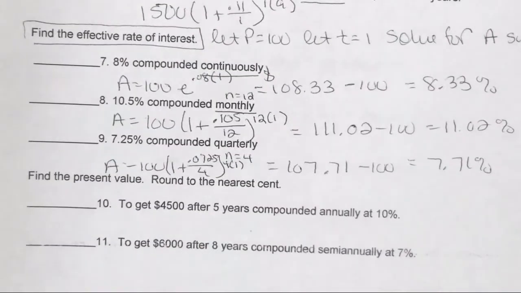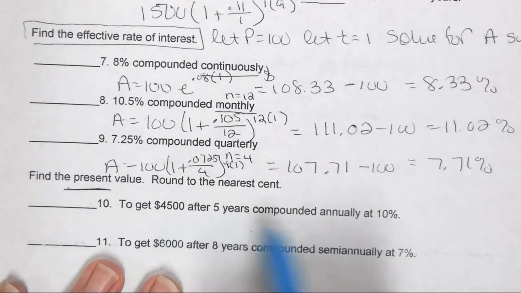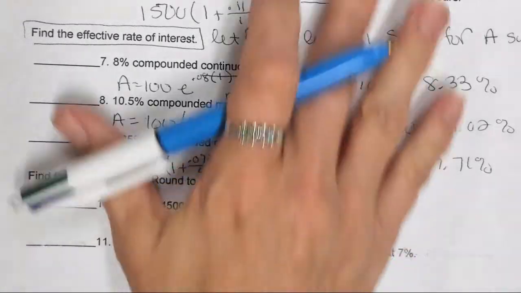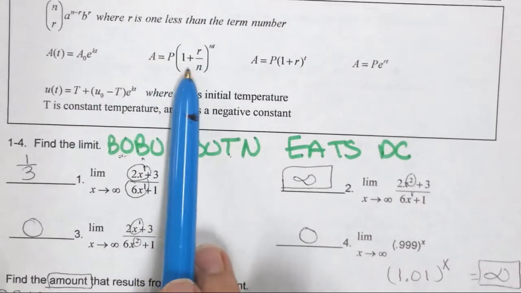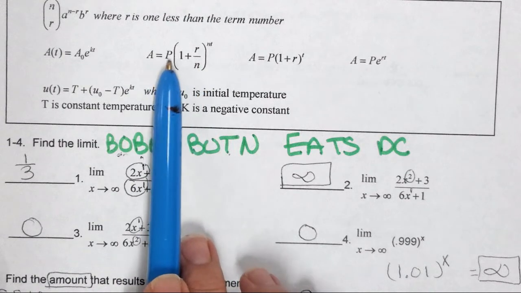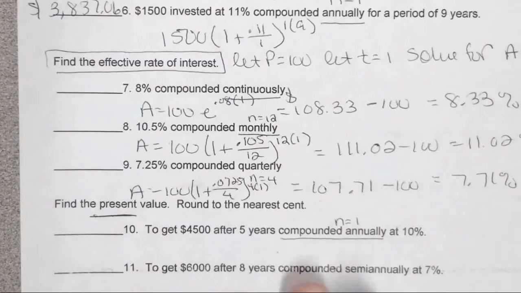On 10 and 11, we are finding the P, the present value. So on number 10, it tells me that we're going to compound annually. So N equals 1. So I need to use one of these formulas that has an N, which happens to be this one, and I'm going to look for P this time, because that's what they asked me to solve for, the present value.